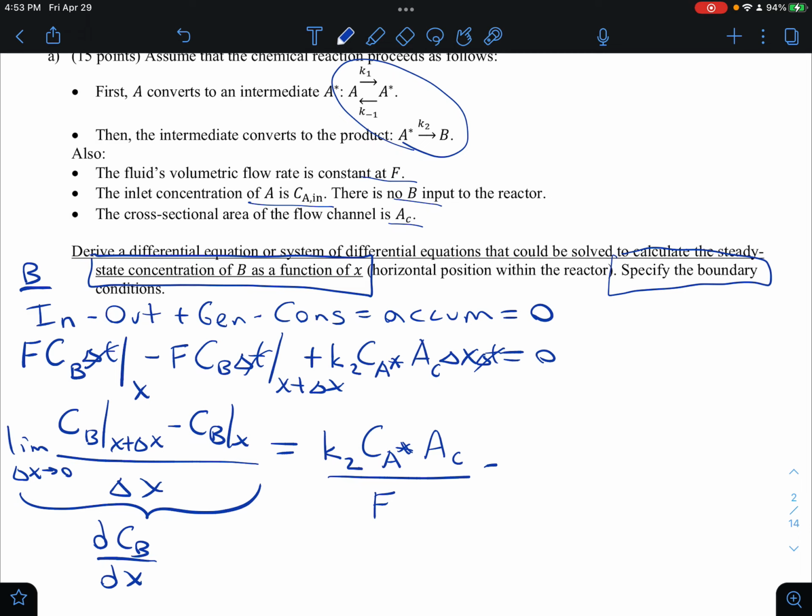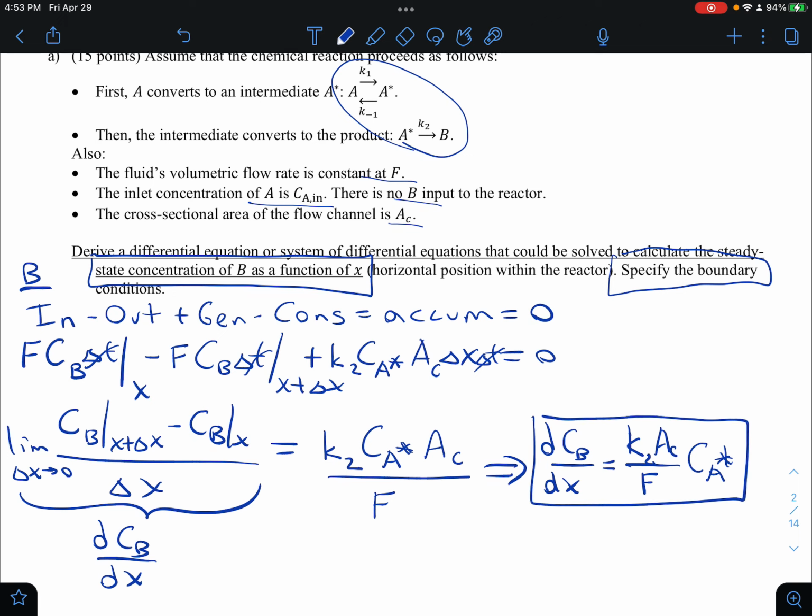So this is our first differential equation: dCB/dx equals k2 Ac over F times CA star. Okay, I'm going to put a box around it, and I'm going to label it equation 1.